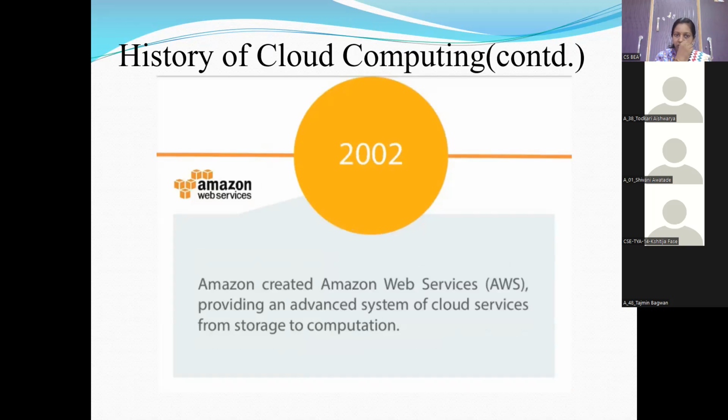Then in the year 2002, Amazon Web Services were started. Amazon created Amazon Web Services, AWS, providing an advanced system of cloud services from storage to computation. Before that, it had the benefit of only storage, but now it had started for computation.